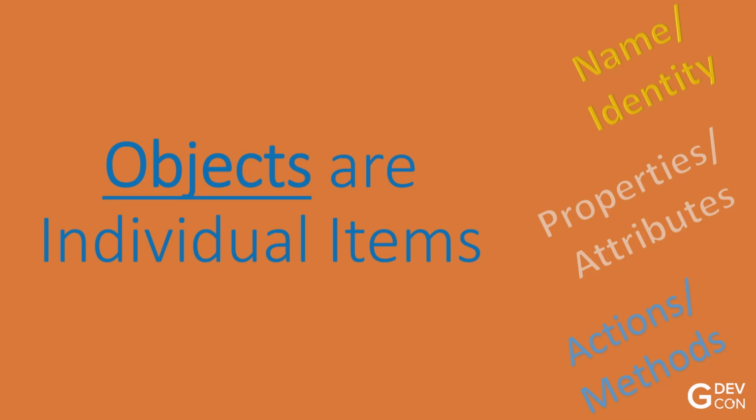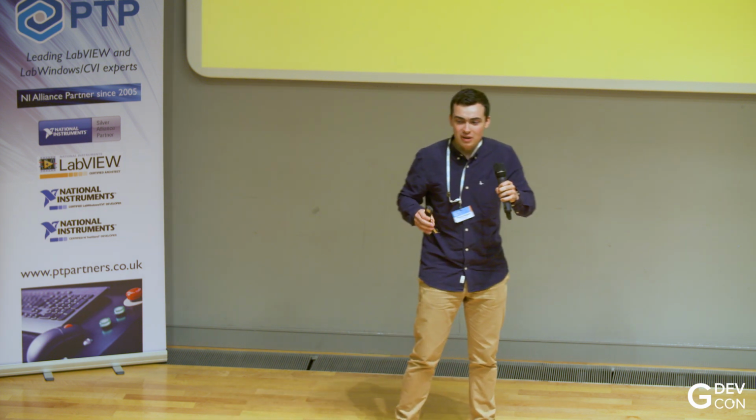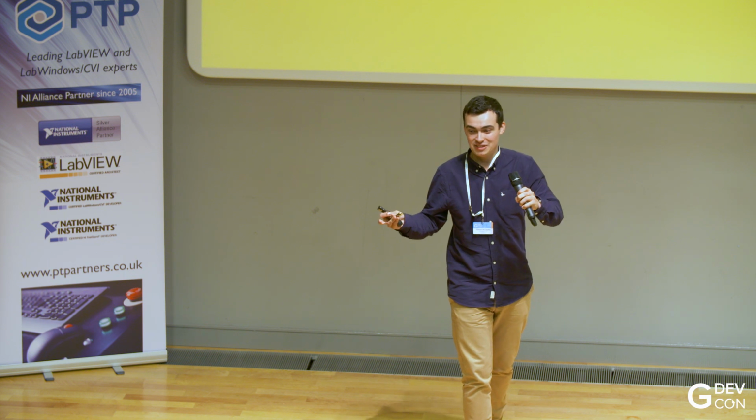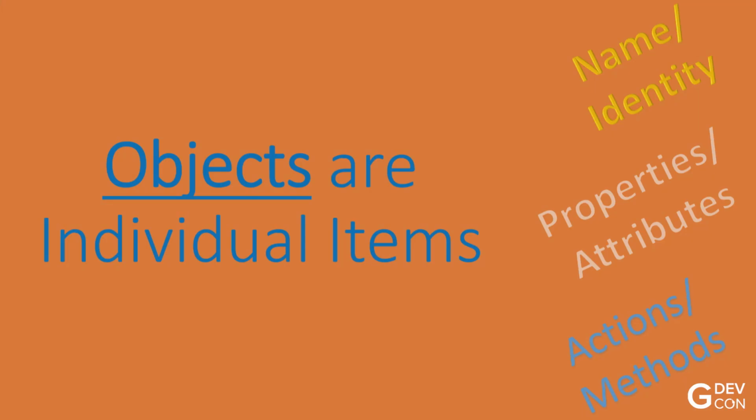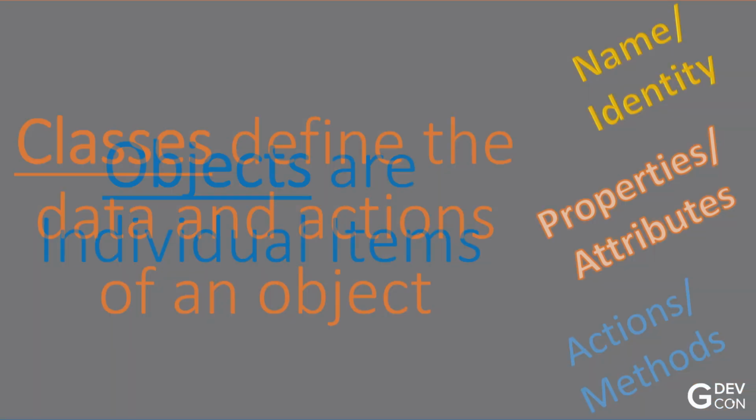So objects here are individual items. Now, I didn't need to read a programming manual on how to use this bottle opener because my mind classified this into a generic group. And that generic group told me what I could do with this bottle opener and what I need to know about it.